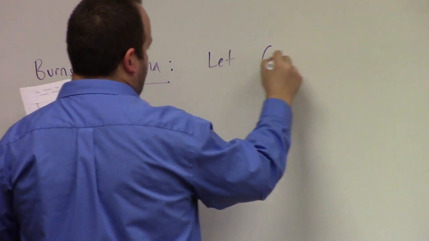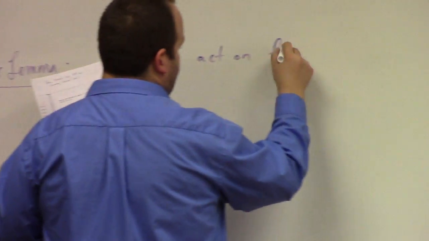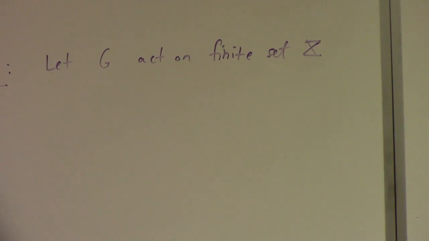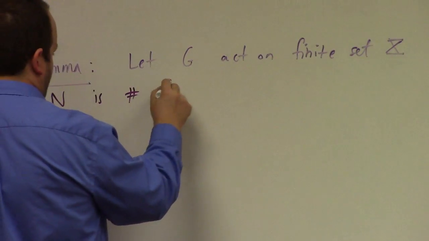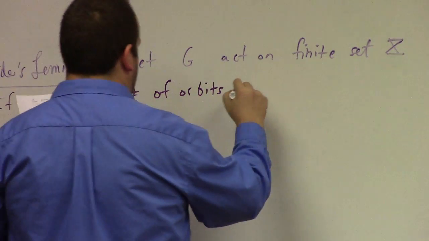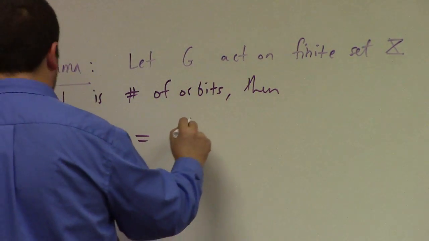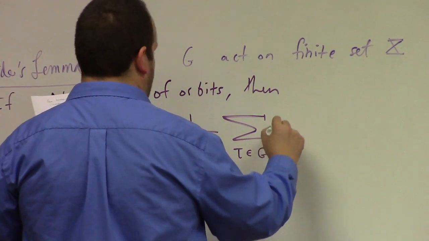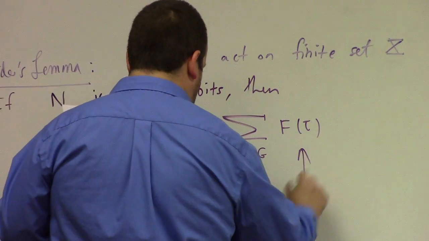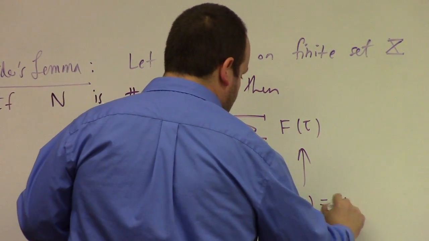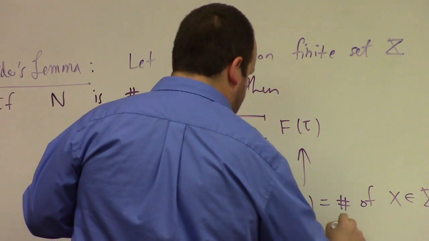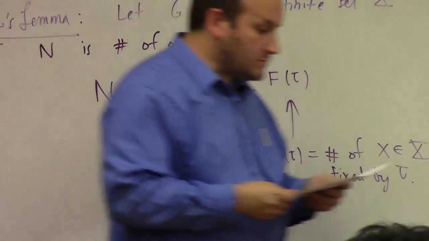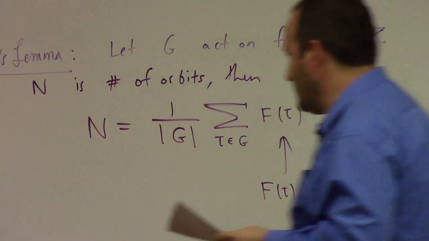It says let G act on a finite set X. Then if N is the number of orbits, then N is equal to 1 over the size of the group G, times the sum over tau in G of f of tau, where f of tau equals the number of x in X fixed by tau. So this is Burnside's lemma.